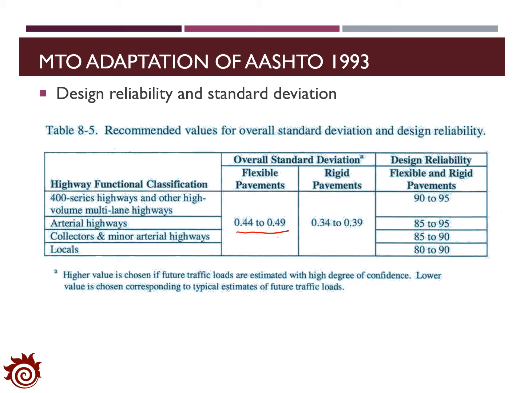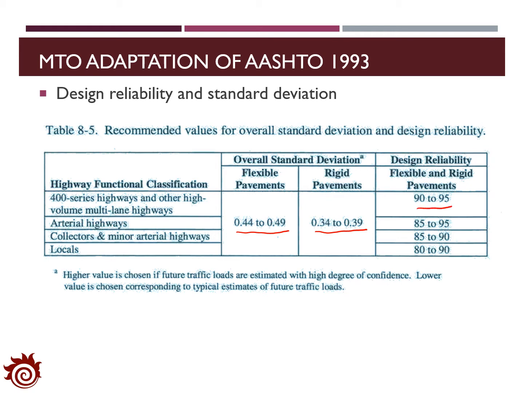For the rigid pavement, it's around 0.34 to 0.39. And the design reliability varies with the road types. For 400 series highways and other high-volume multi-lane highways, the design reliability for the flexible and rigid pavement are all set around 90 to 95%.